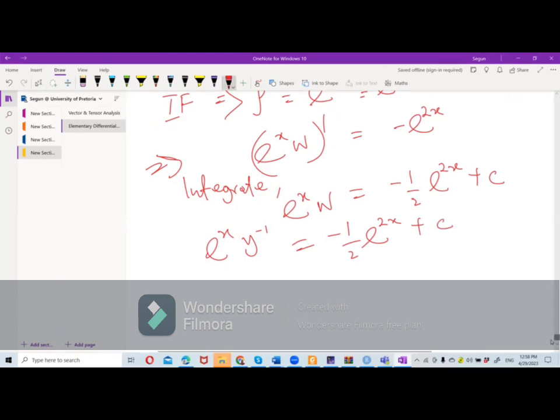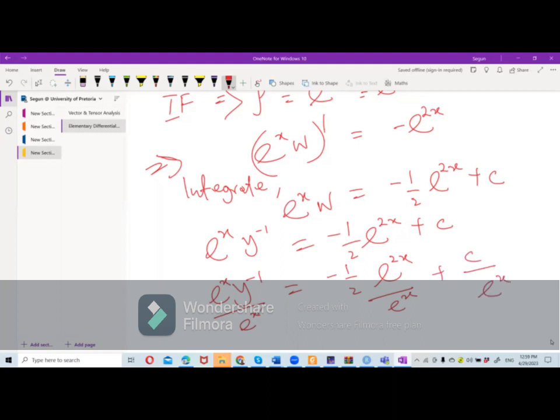Any question? If I make y prime the subject of the formula, what will happen? That means I will divide both sides by exponential x. You have exponential x here, minus 1 over 2 exponential 2x divided by exponential x, plus c over exponential x.